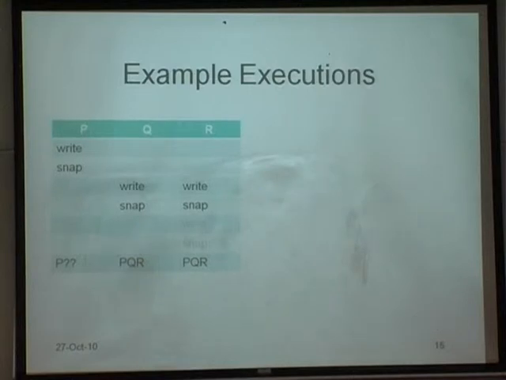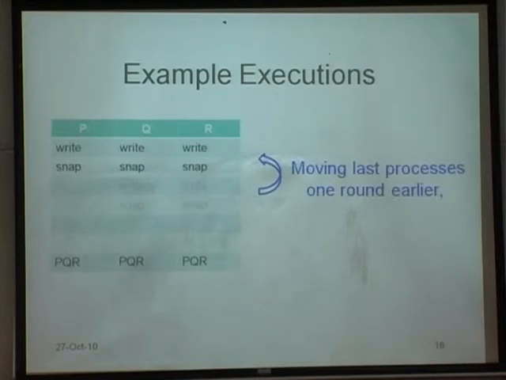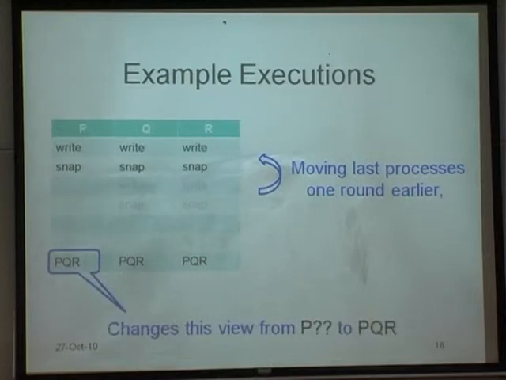The next thing I'm going to do is take the set of processes that write last, and move them up and say, well, whose view changes? Well, that changes the view of P.